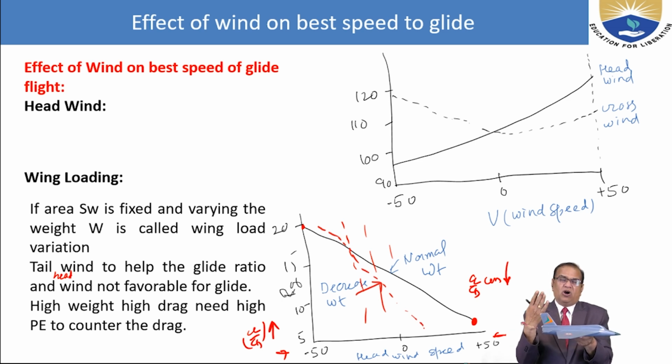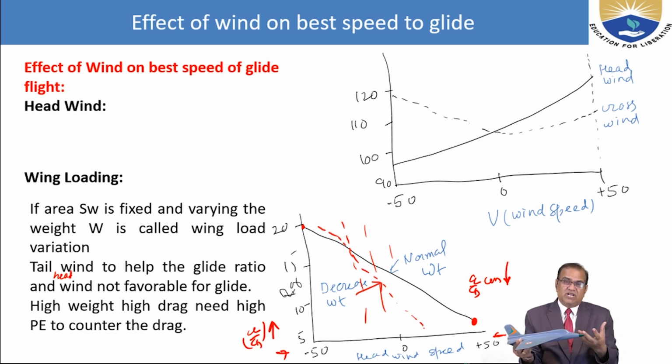So the lift coefficient will be increasing, velocity will be decreasing, drag will be increasing, and your aircraft will be in a very good condition. So during landing and takeoff, we want more lift coefficient. At that time the headwind is very good to lift the aircraft to counter the weight.